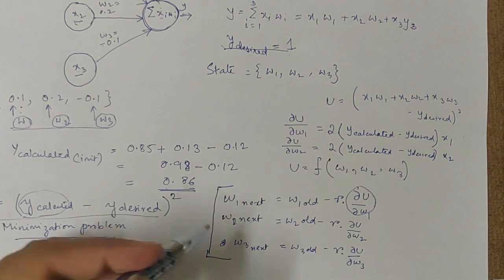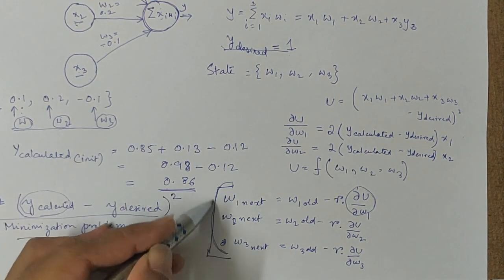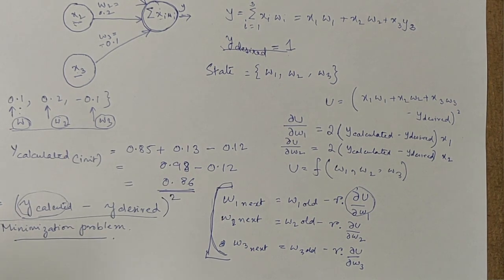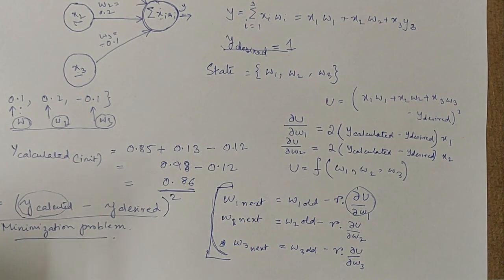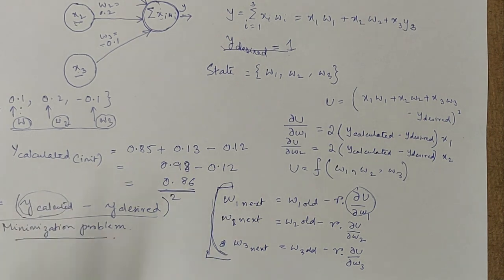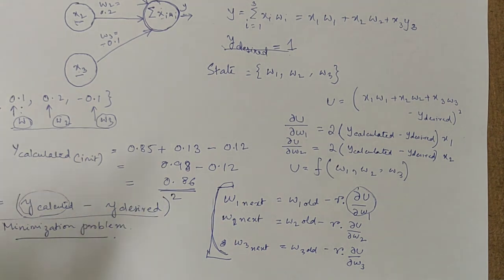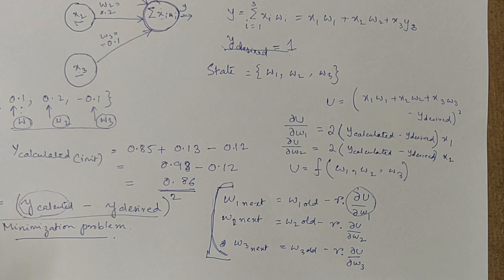And if you do this iteration quite a number of times, slowly you will see that this u is decreasing and your y is going towards your y desired, which is 1.